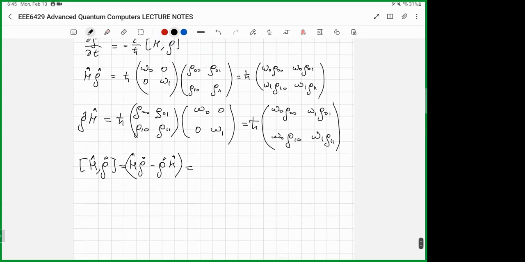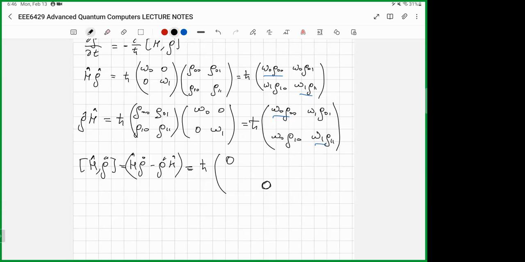So now the commutator of H and rho, which is nothing but H rho minus rho H, is equal to the subtraction of these two matrices. So it gives me H bar for sure. And then I noticed that the diagonal elements are the same, so the subtraction gives me 0 for the diagonal elements.